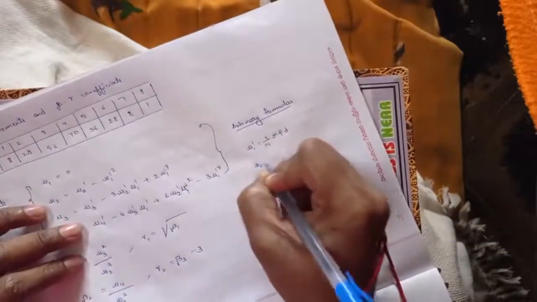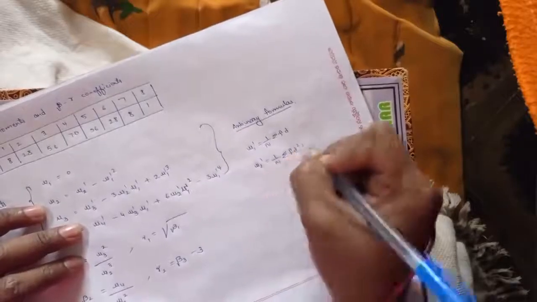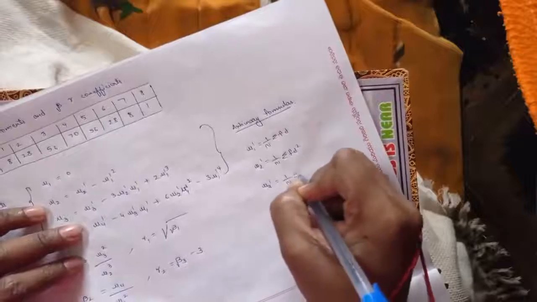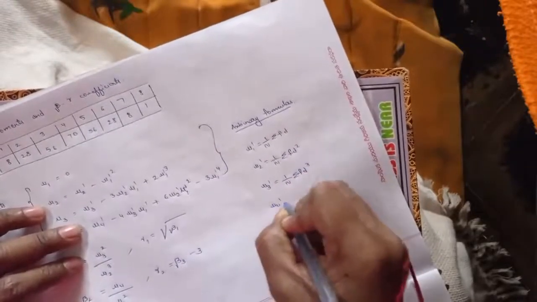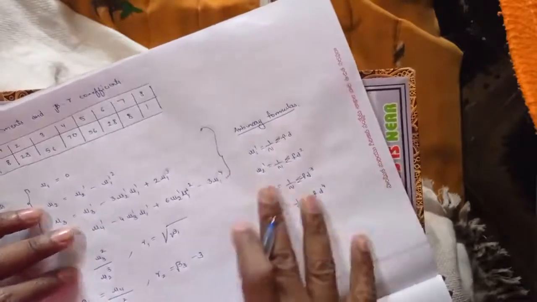So mu2 dash is equal to 1 by n sigma fd square, mu3 dash is equal to 1 by n sigma fd power 3, mu4 dash is equal to 1 by n sigma fd power 4. So from all these formulas, what is the requirement for us?